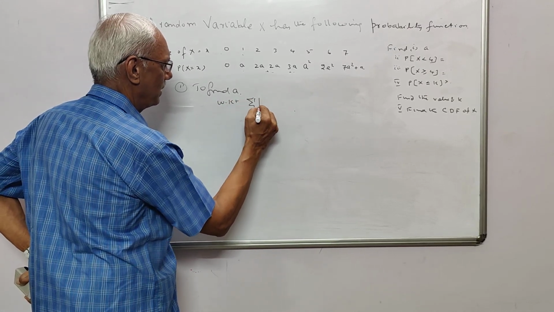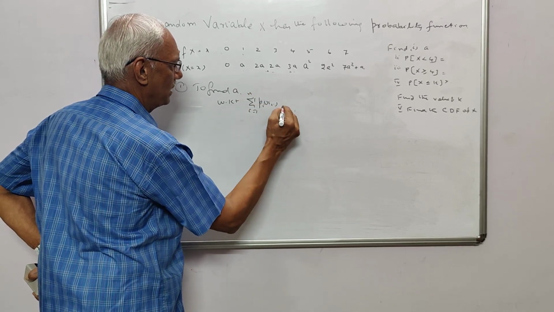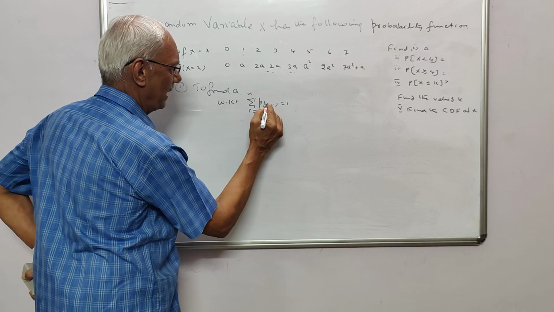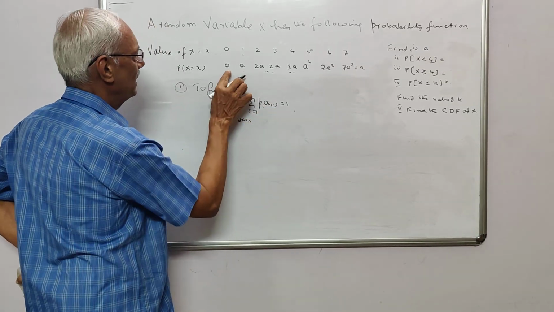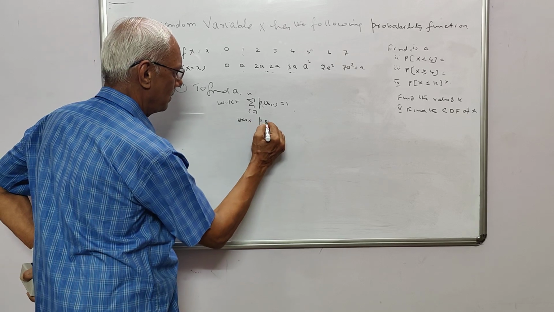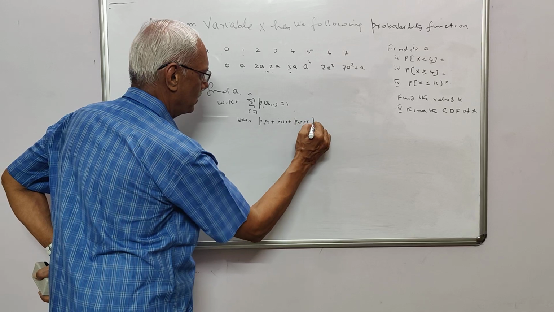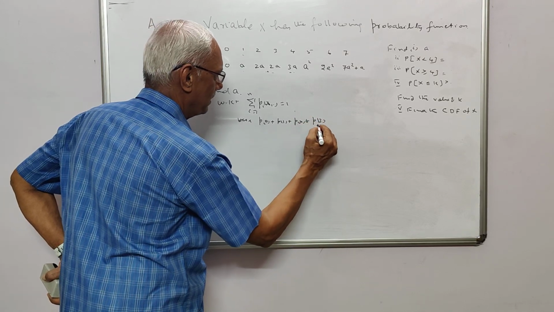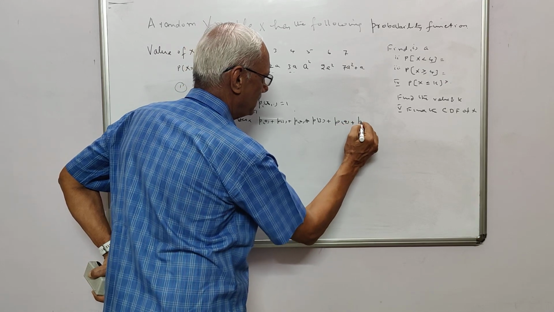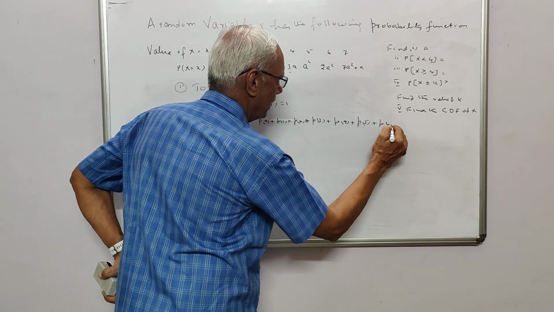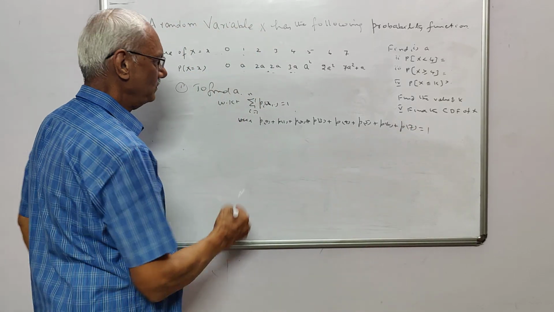sigma of p of xi, i equal to 1 to n, is equal to 1. Here p of 0 plus p of 1 plus p of 2 plus p of 3 plus p of 4 plus p of 5, 6, 7 is equal to 1.